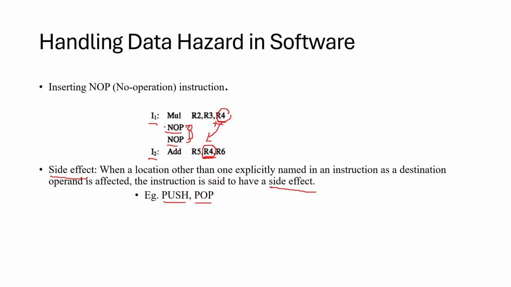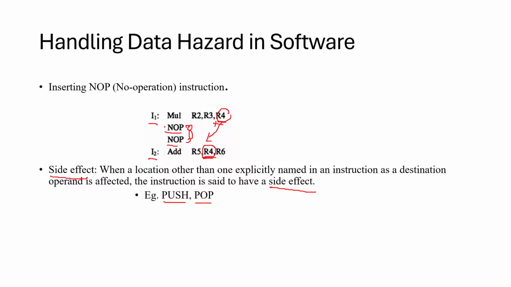The operand affected is not explicitly mentioned in the instruction itself, but it makes some changes in that operand, which affects instruction execution. That kind of instruction is said to have a side effect.